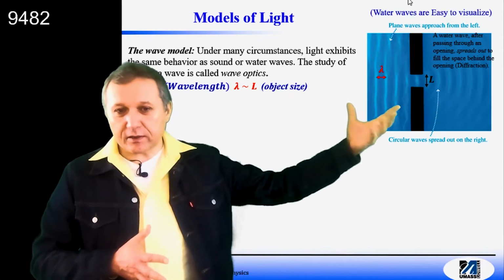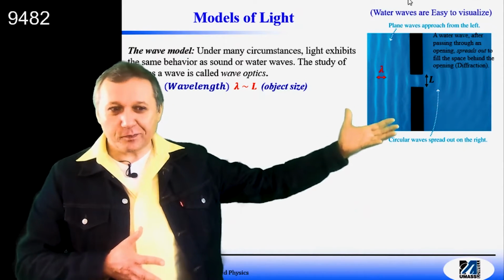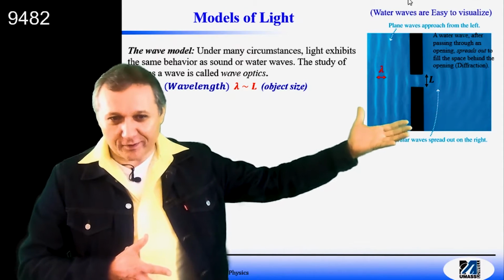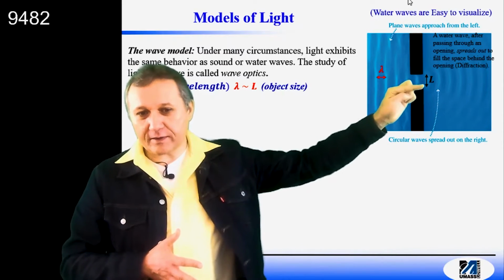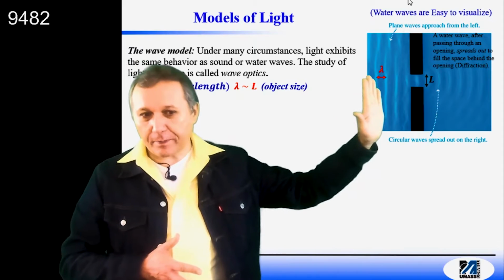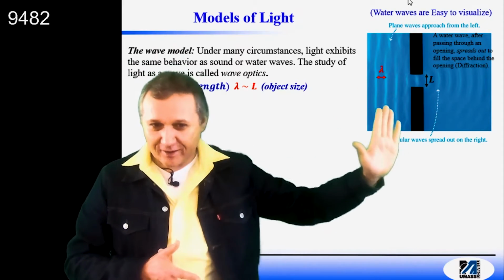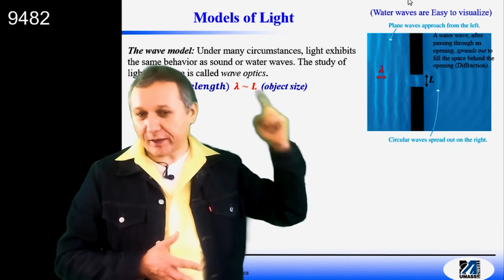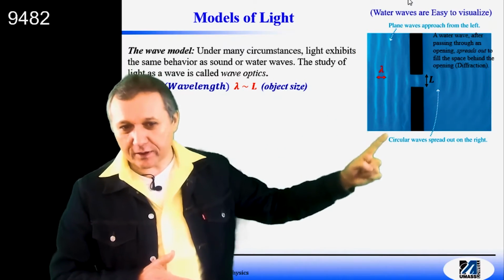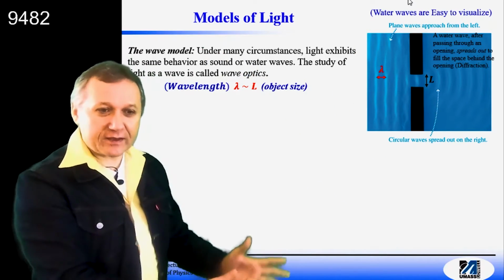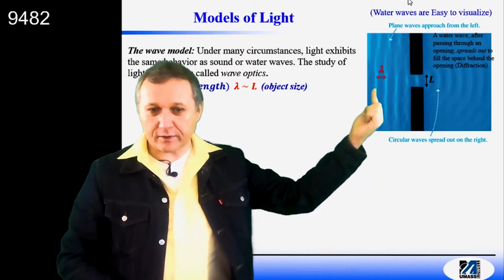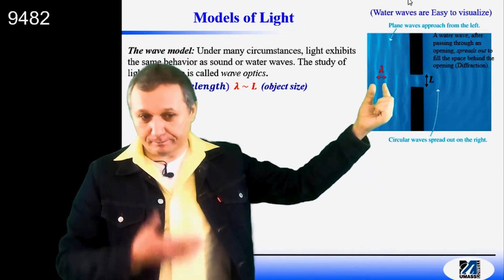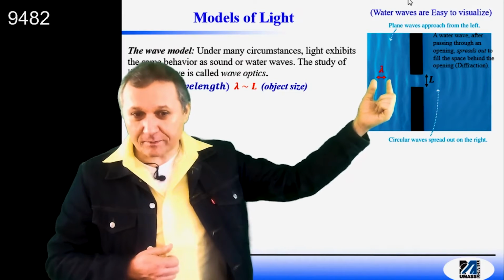It's easier to visualize using water waves. Look, we have a small opening of size L. Here we have water waves hitting this opening, and you see they are plane waves. The wave fronts are parallel to each other, basically straight lines. This is one wave front, this is another, and the distance between them is lambda.